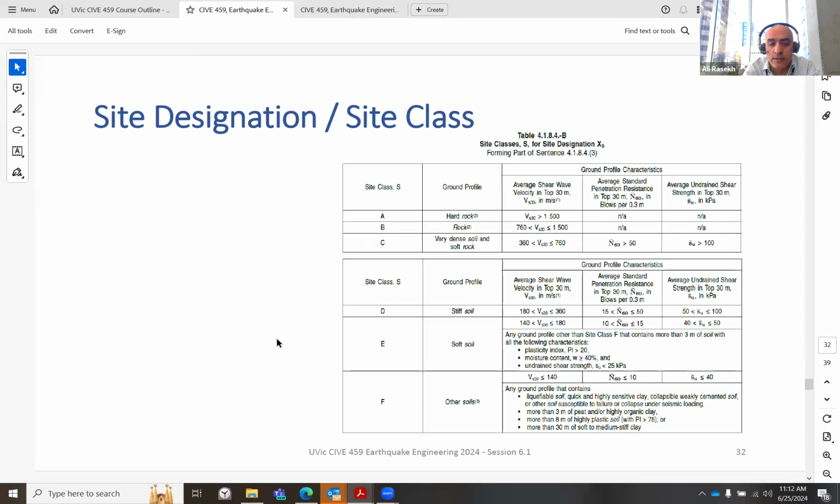So there's a lot of discussion about site class, almost same notation, A, B, C, D, E, F. For me, the most important is how it correlates with the shear wave velocities.